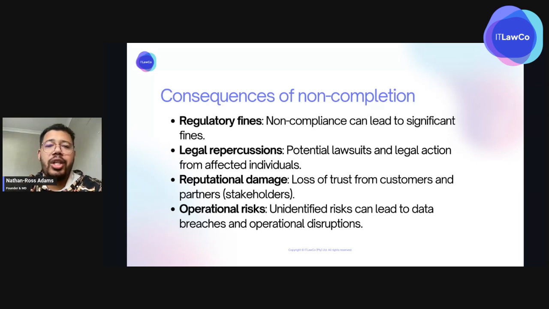And it's a very niche area. Not many people know how to do it, but the gist of it is that in order for your business to continue, you need to meet the compliance requirements. And those relate to your data assets as an organization.